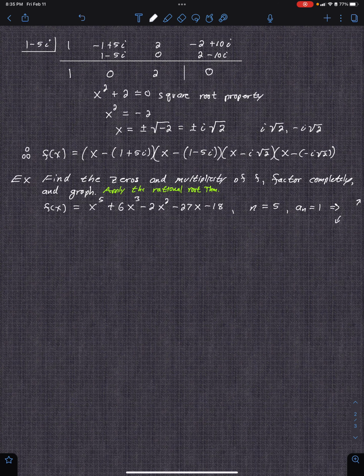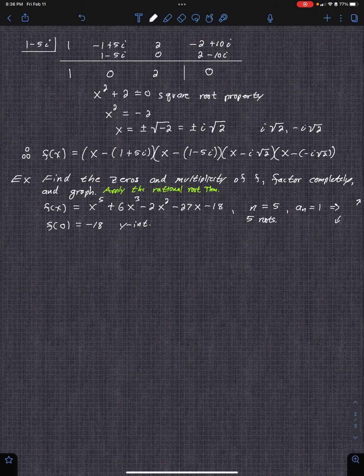Actually, we can do the simple case stuff, like what is f of 0? It's negative 18. So it's way down there where it crosses the y-axis, so that's the y-intercept. We know the behavior because of the leading coefficient and the degree. How many roots are there? So this means there's 5 roots.